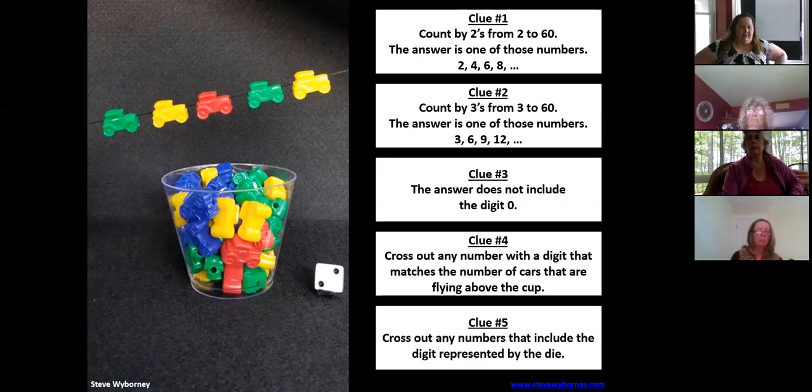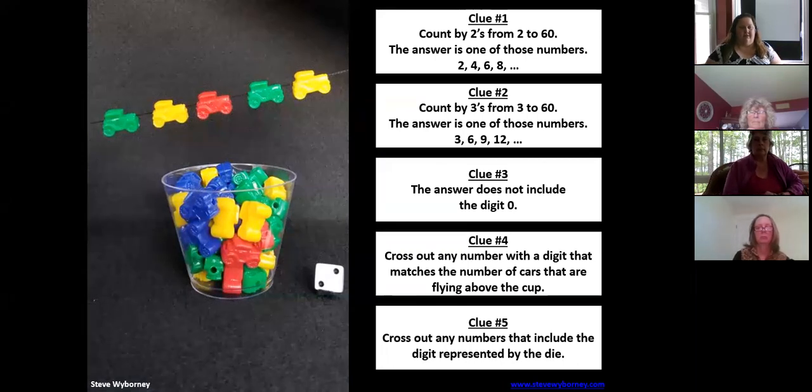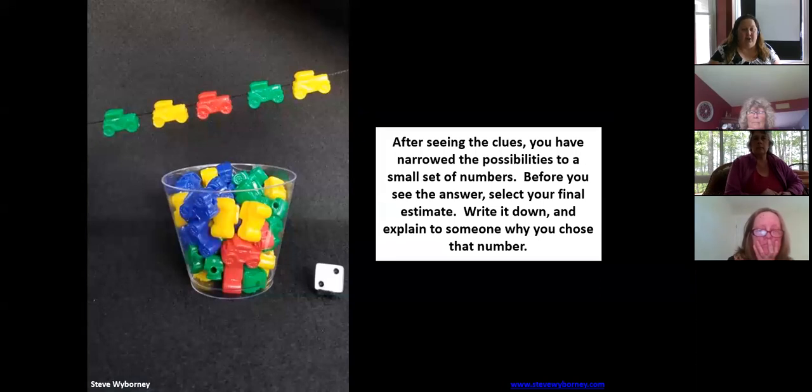Does anybody have an answer they think works? You can put it in the chat box if you would like. I see 48, 36, 36, 48. All right, so after we've seen all these clues, we've refined our estimates.